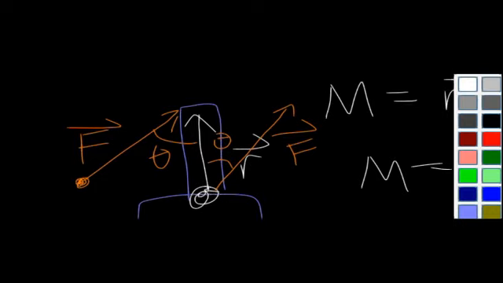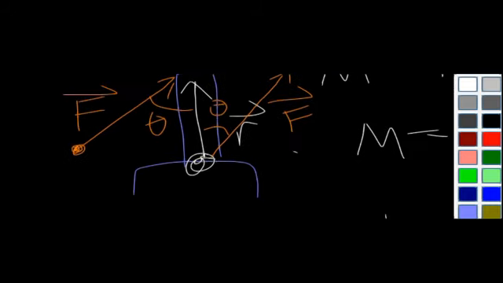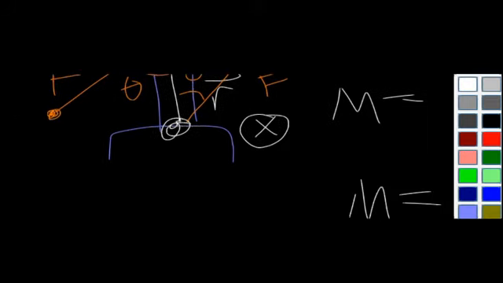So point our fingers towards the arrow of the R vector and curl your fingers such that the vector R closes its gap with vector F. So in this case, the vector would be pointing towards the screen.